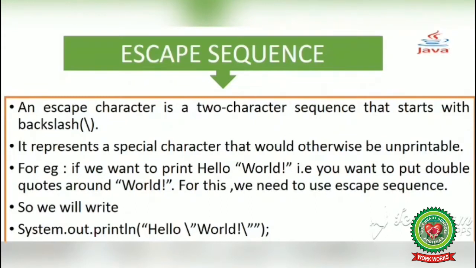Then the last double quote closes, that double quote is for the one we started before the word Hello. And again round bracket close and semicolon. This way we will print Hello World on the screen with the help of escape sequence.